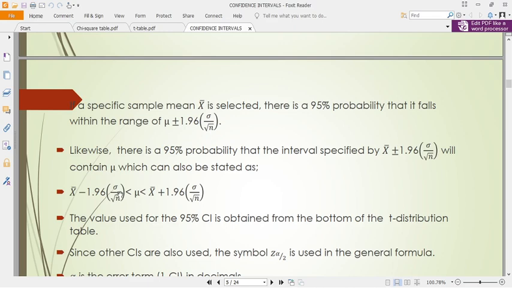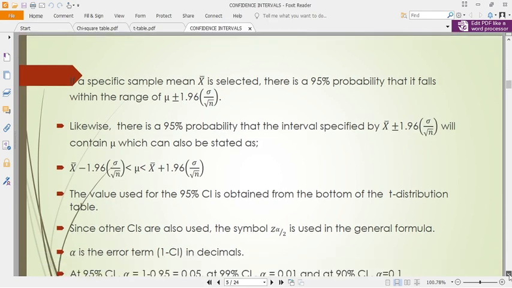So when I subtract it from the sample mean, I get what we call the lower boundary. And then when I add it to the sample mean, I get what I call the upper boundary. So this is basically the same as this, that the population mean will fall between the sample mean minus the error of estimate and the sample mean plus the error of estimate.